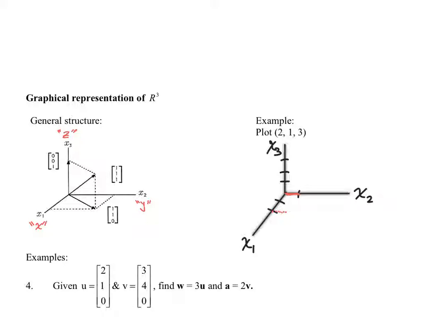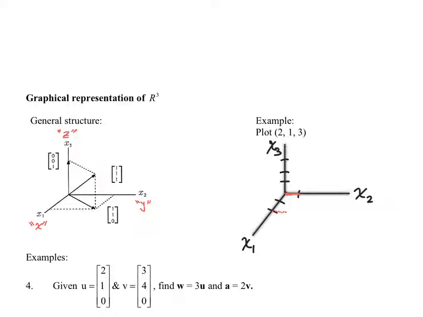So basically the same index card approach I was talking about before, you're going to follow that here. Find this distance and then translate it down here, and then you'll have the appropriate distance away from the x1 axis. And then you're going to do the same thing with the x3 axis. You're going to take that distance and translate it down so that it gets to the tip of that outermost point from the movement away from the x1 axis.